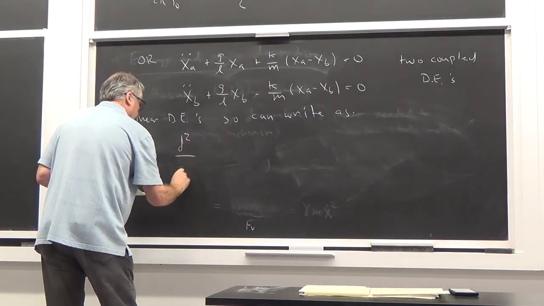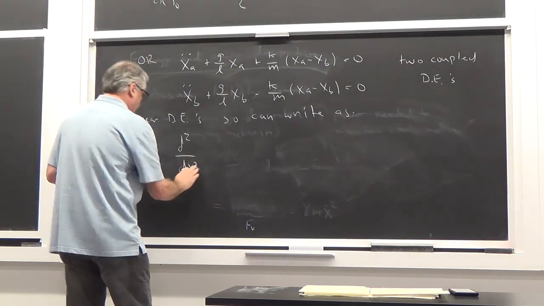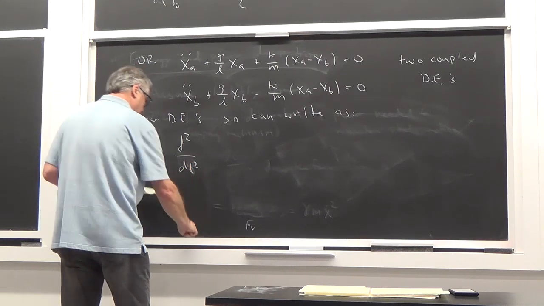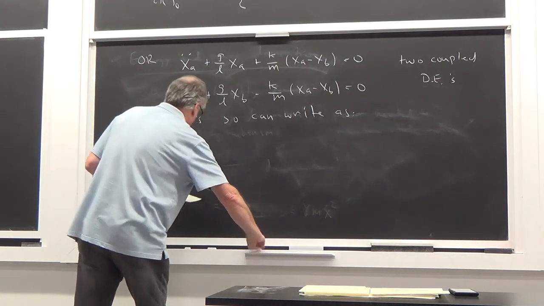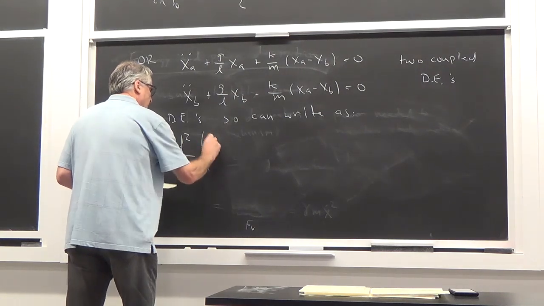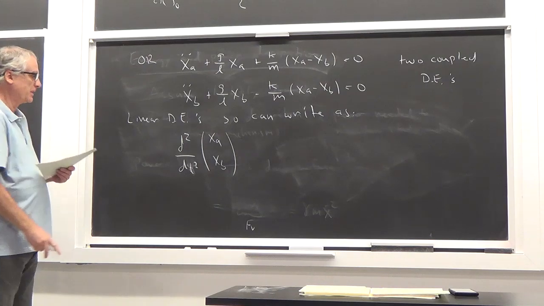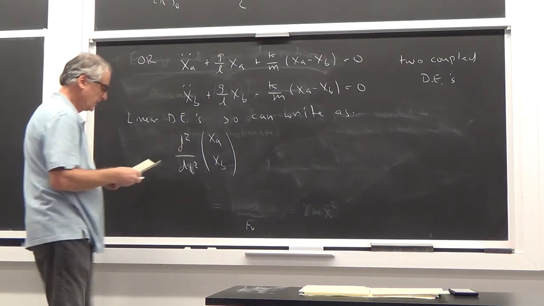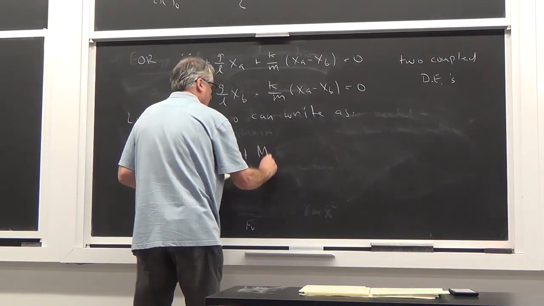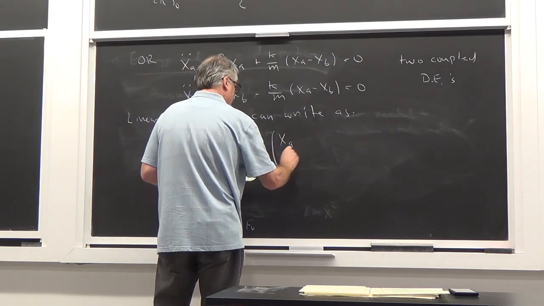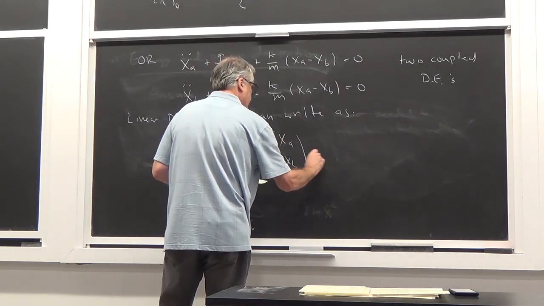d squared by dt squared of x sub A, x sub B, written as a vector, so I'm going to let x be this vector, plus M, where M is some matrix, times x sub A, x sub B is equal to 0.